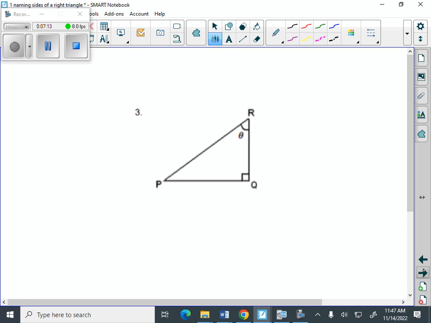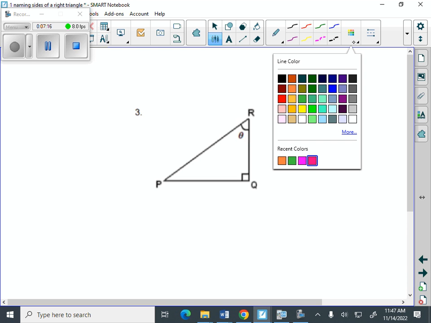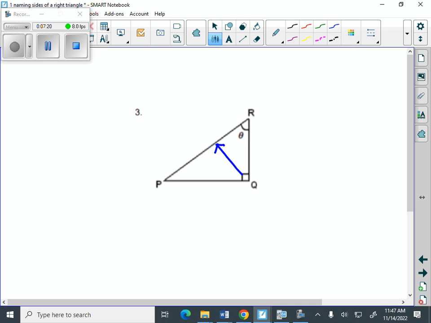Again, identify the right angle. Here's our right angle. Here's the hypotenuse. Find the reference angle. Here's our opposite, which means that our third side is the adjacent.